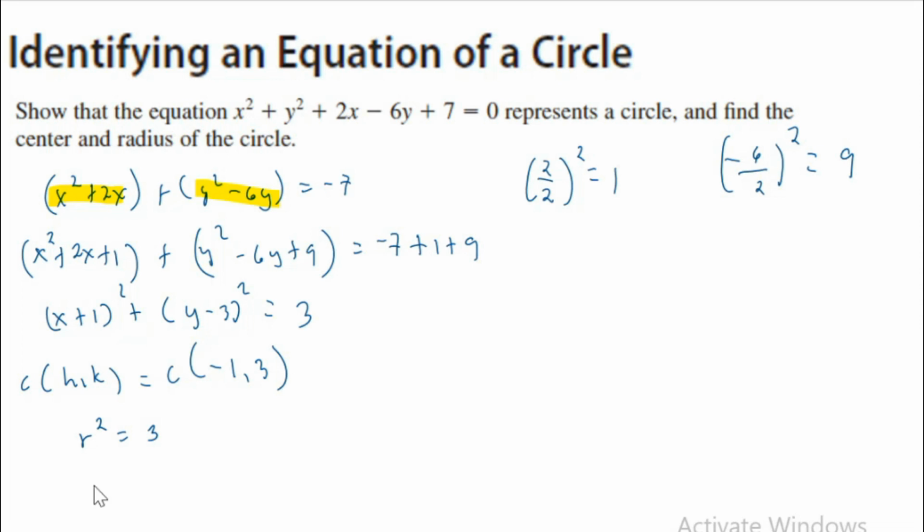Therefore, r is equivalent to the square root of 3. So our answers are the center and the radius, which is the square root of 3. According to the formula, this is equivalent to r squared, that's why I write here r squared equals 3, and take the roots to find the value of r.